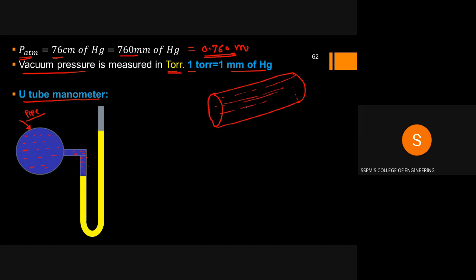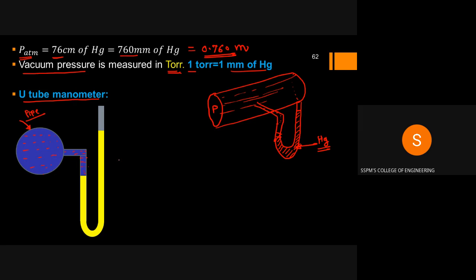If you want to measure the pressure of the liquid in this pipe, then we can connect a glass tube which is U-shaped, a U-tube. It is filled with mercury. This is called a manometric fluid. Let us take this as Hg.